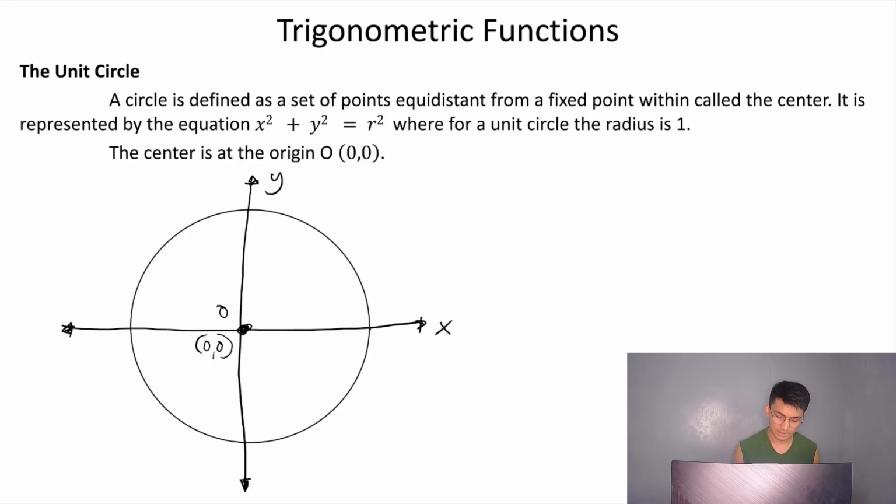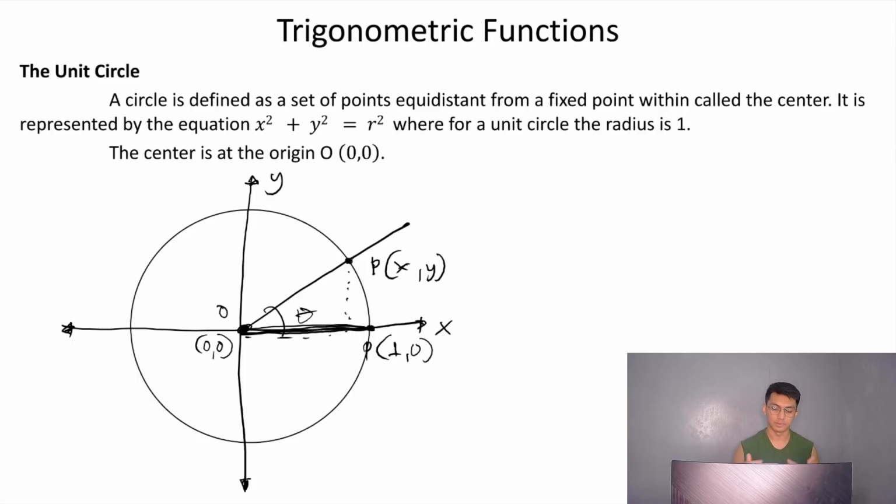And initially, we have the point here na x is 1, and ang y natin is 0 kasi nandito siya. Now, kung gagawa tayo ng angle, let's say this is our angle theta, and ang ating coordinate point for that angle is, eto, we have P of point x, y pa din.